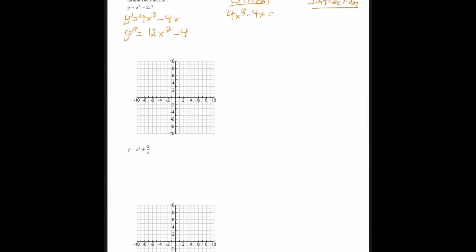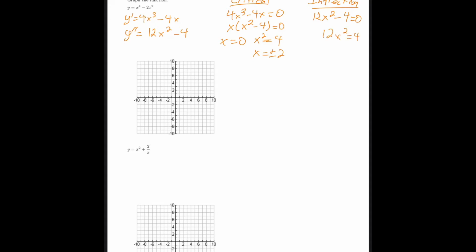So for critical values and inflection points, 4x cubed minus 4x equals 0. Factor out an x. You get x equals 0 or x squared equals 4, so x equals plus or minus 2.